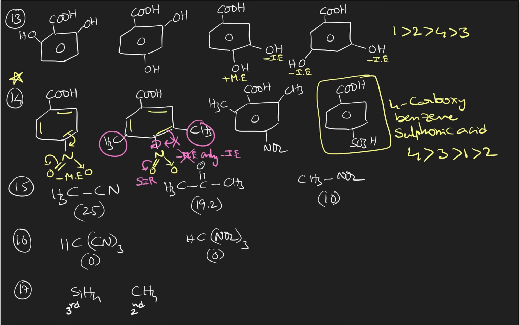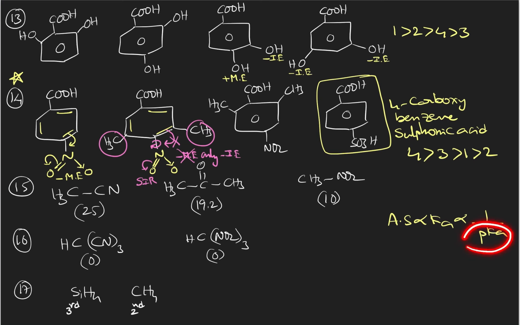Got it? Then coming to 15th example, these are some miscellaneous examples that we cannot directly compare. We cannot give the explanation like in the previous examples. So to help you, I have given the pKa values. We know that acidic strength is directly proportional to Ka and inversely proportional to pKa values.